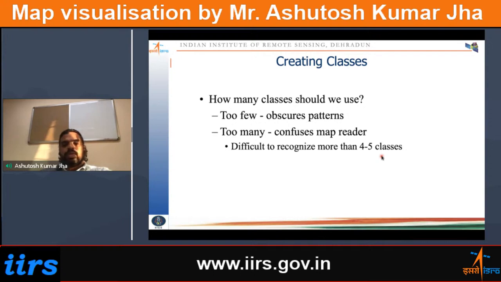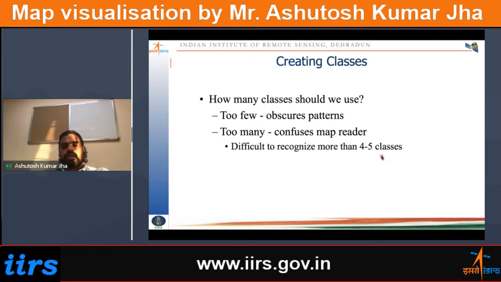So generally we restrict to 4 to 5 classes. If you are not looking for a specific-purpose classification scheme, then on the basis of an initial classification scheme, 4 to 5 classes is considered most convenient for almost all human beings.